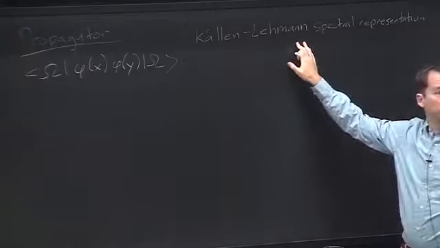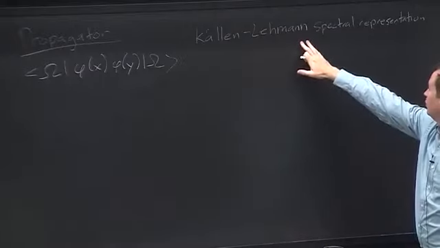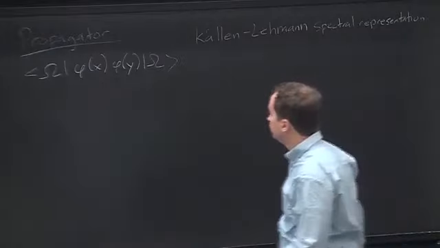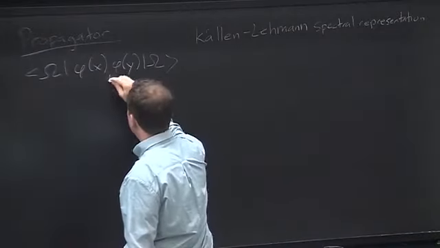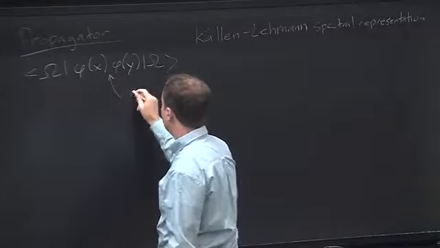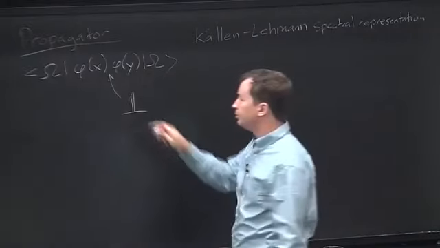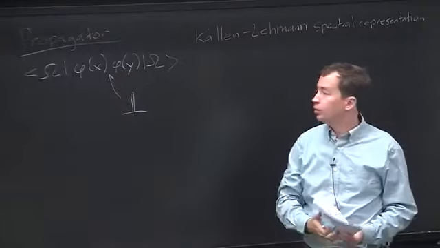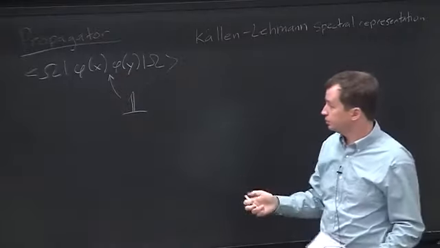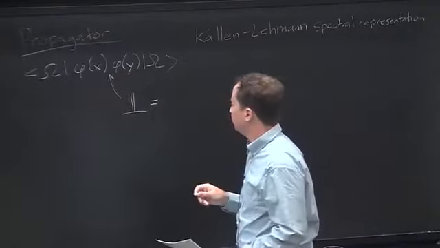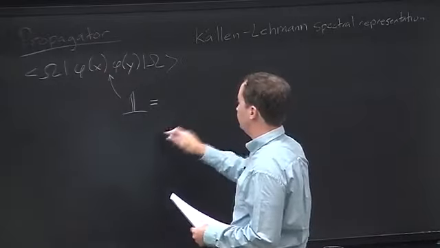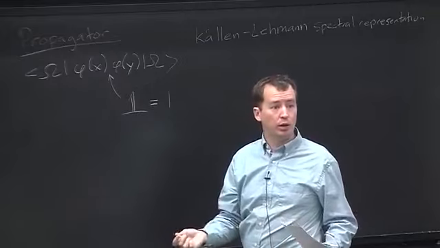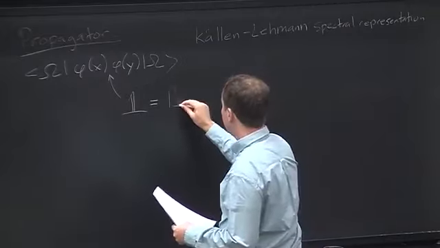And the basic idea about where this comes from is that we can insert a resolution of the identity in here. And, well, it's an interacting theory, but we still should be able to write the identity as a sum over the 0, 1, and multi-particle states.